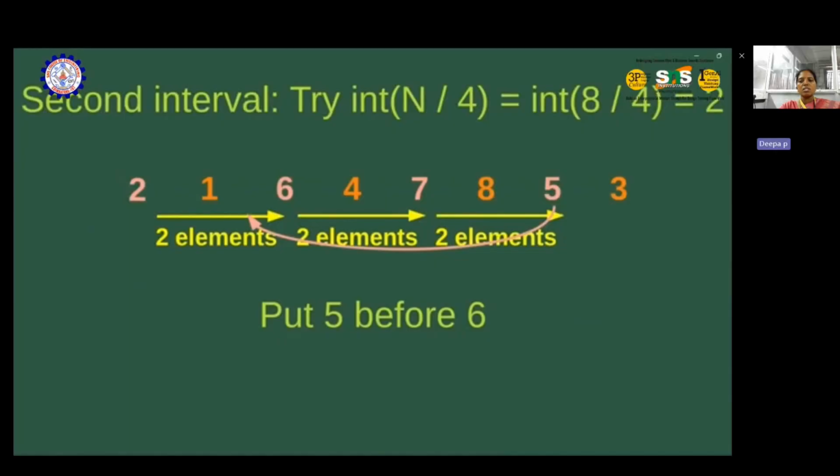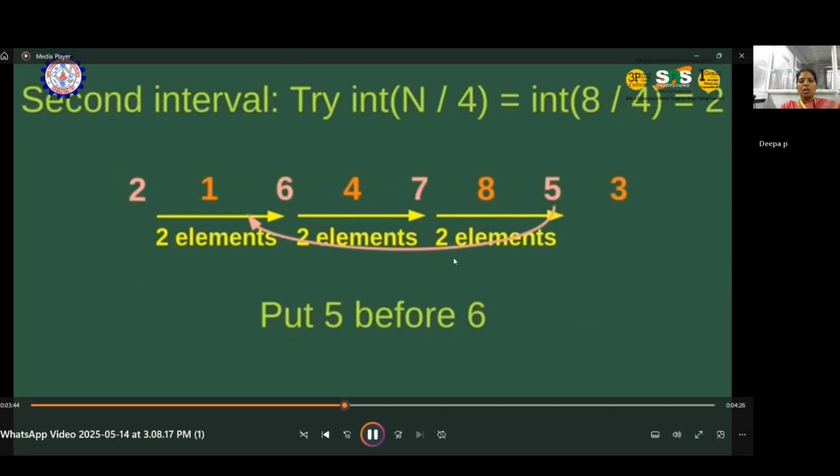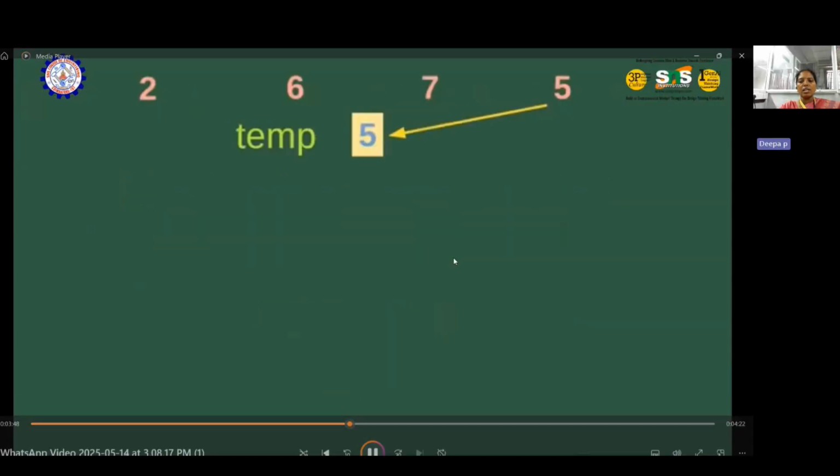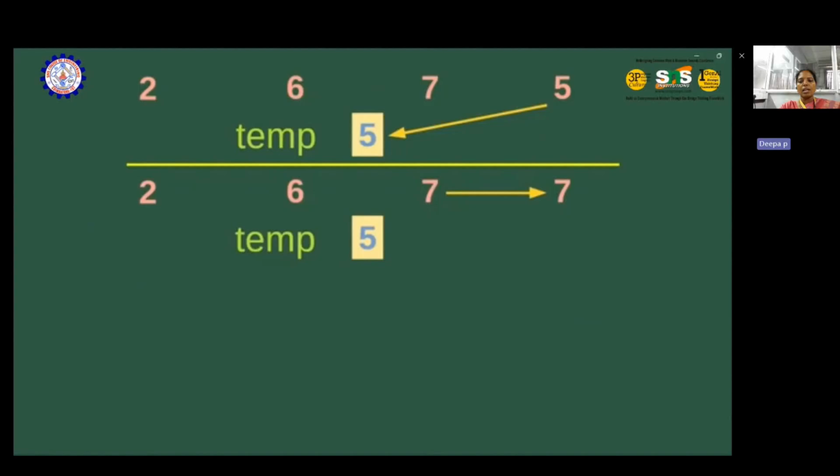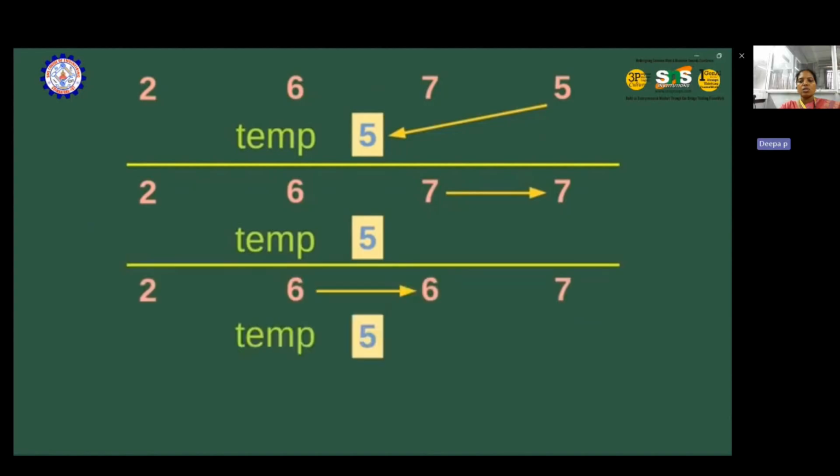Rearrange all the elements at n divided by 4 intervals. Finally, the interval is n divided by 8 equal to 8 divided by 8 equal to 1. So then the array elements lying at the interval are one sorted array. The array is now completely sorted.